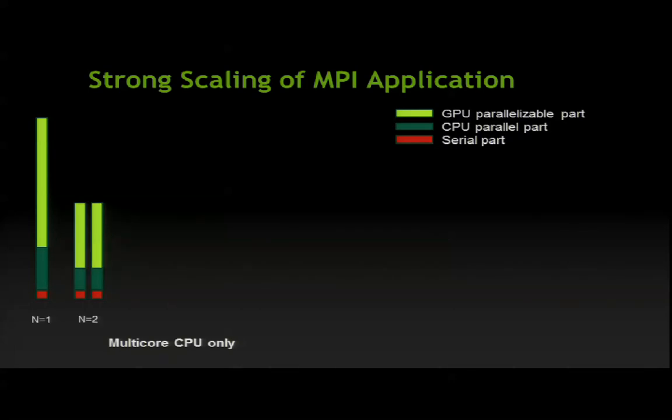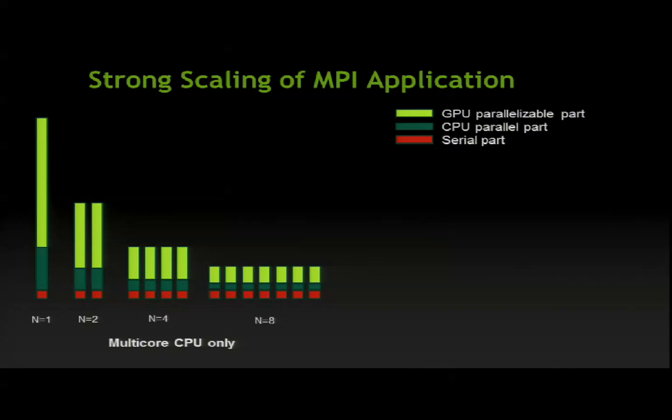Well, if we use 2 cores, the part that could potentially parallelize on the GPU will also parallelize on the CPU. And the CPU parallelizable part will simply be cut in half. And if we go to 4, and if we go to 8, that's the picture we're going to see. The serial part will remain the same. The other ones will be proportionally reduced.